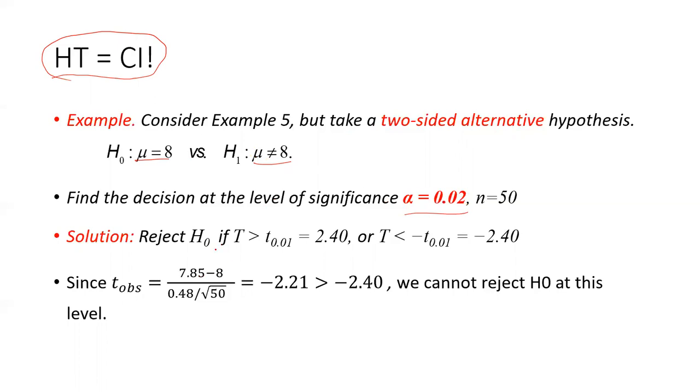You will reject the hypothesis if t observed is greater than t sub 0.01, or if t observed is smaller than minus t sub 0.01. Since t observed is not smaller than minus 2.40, we cannot reject H0. In fact, this is exactly the same solution we found in the previous slide.